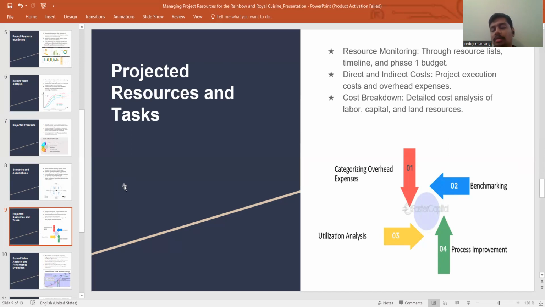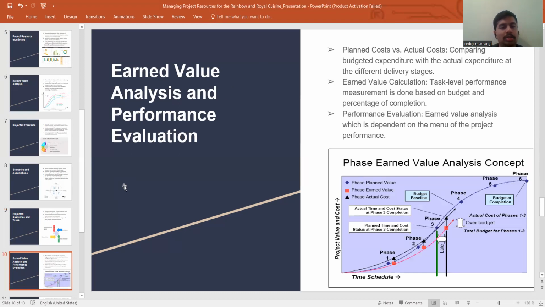We can assume that we are paying a certain amount for labor, capital, and land resources, so we can break down the structure and see which amount we are putting into which resource, so we can calculate it easily. And the next one is earned value analysis and performance analysis.